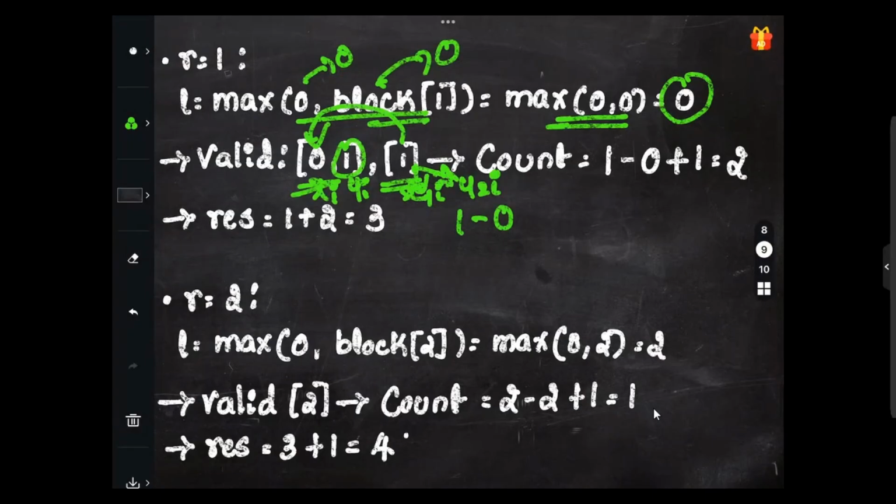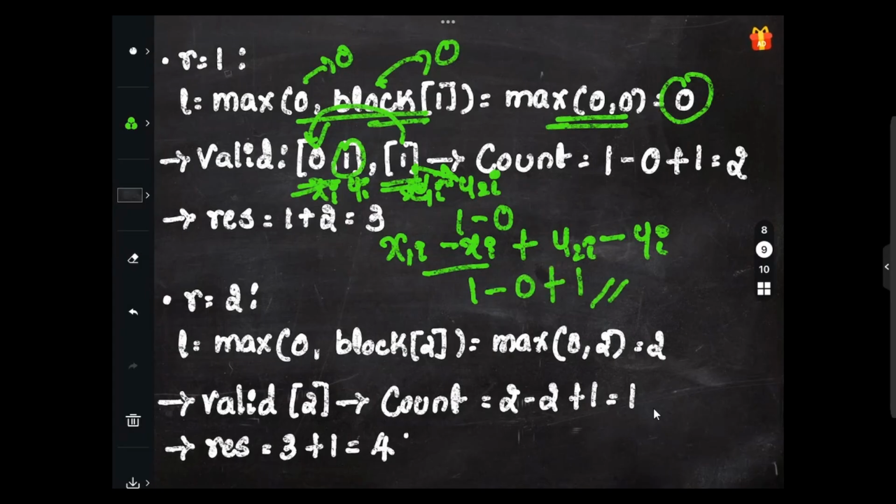So what we are doing here is x1i minus xi, plus y2i minus yi, right? So this will be 1 minus 0 plus 1 minus 0, plus 1. So this will be 2.